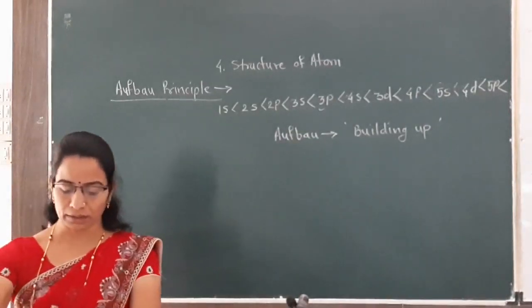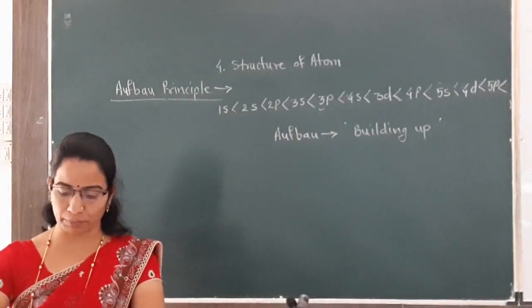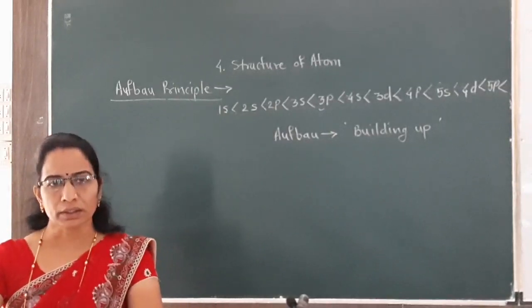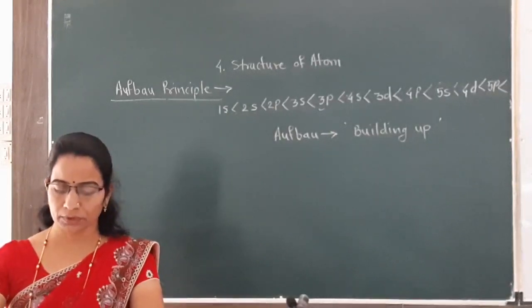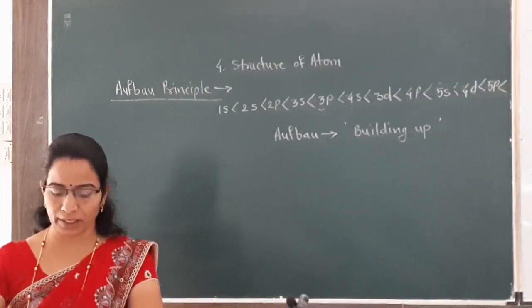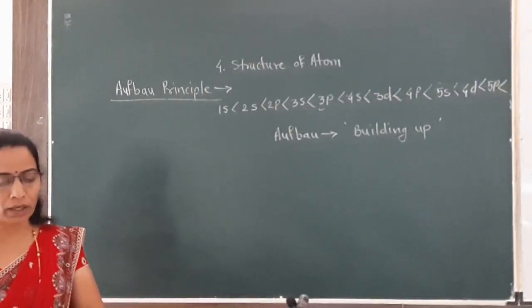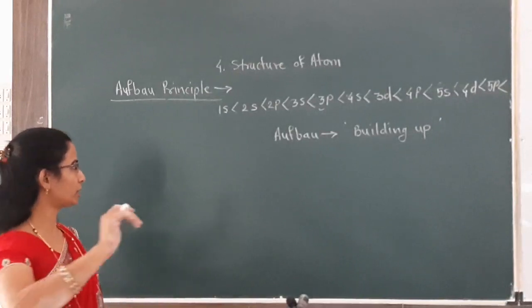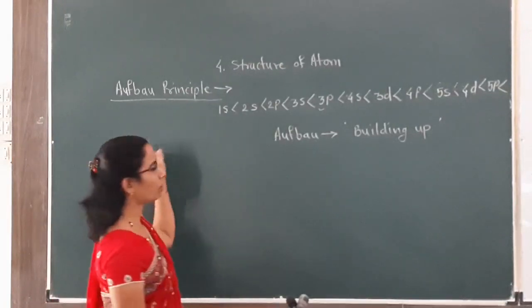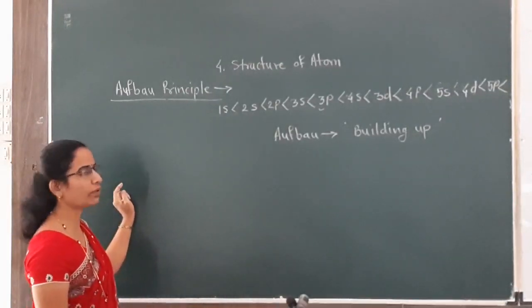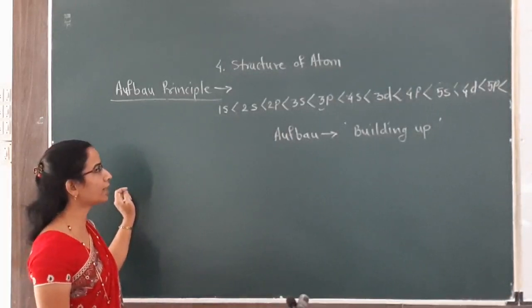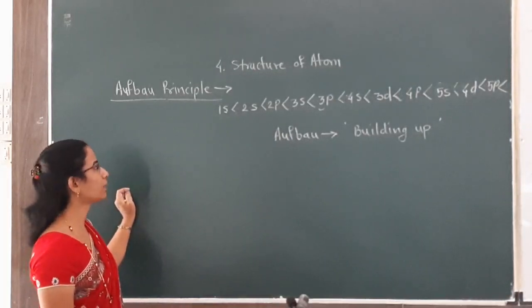Now let's see the statement of this principle. In the ground state of an atom, the orbitals are filled with electrons in the order of increasing energies.